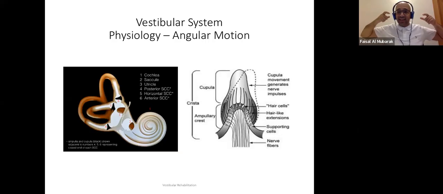In the horizontal canal, the fluid that we have in the canal is going toward the cupula. يضغط على الكبلة. يدفع الكبلة. فيسوي لها what we call pushing the cupula. Push the cupula. طيب. فنلاحظ يصير هنا الهير سيلز هذه are getting into each other كذا ينضغطون على بعض.